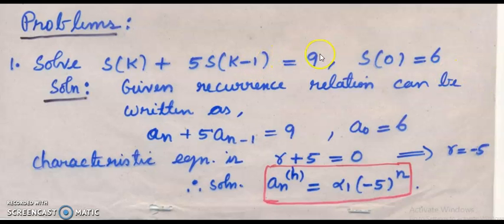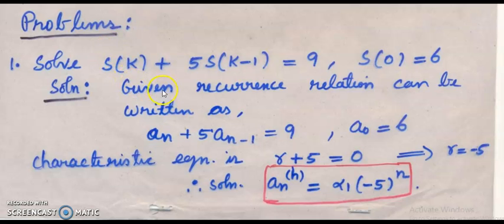You can take it like this: here f(n) is a constant. So we say this is a non-homogeneous recurrence relation. Since you have 9 here, we can rewrite the question. First we have to solve this problem in the similar way we did for the homogeneous recurrence relation. That's what you learned first, right?